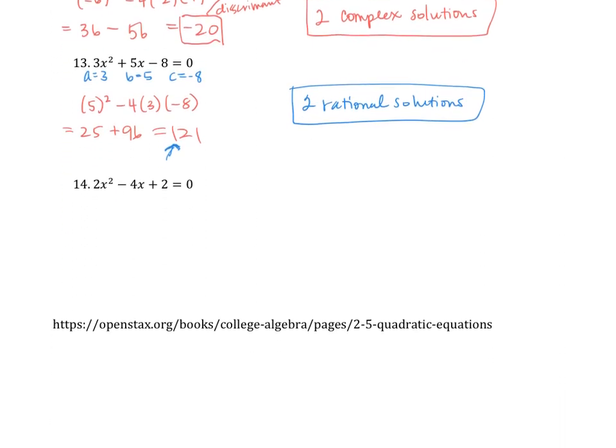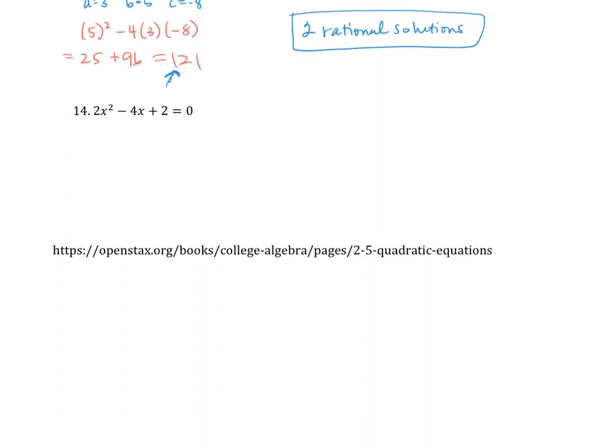All right, last one. For this one, we have a is 2, b is -4, and c is 2. So we're going to do b squared minus 4ac. -4 squared is 16.